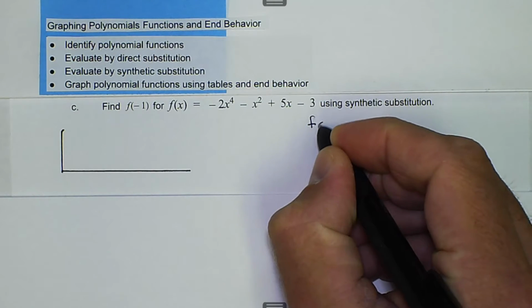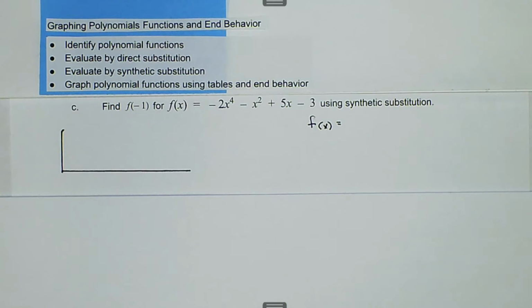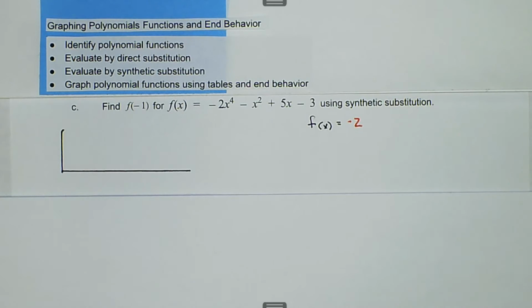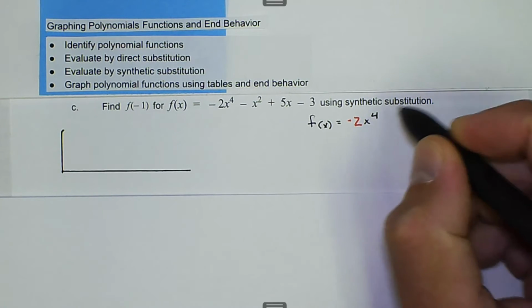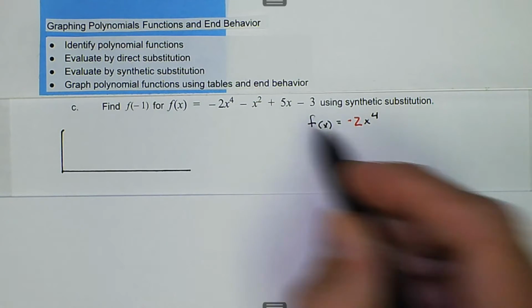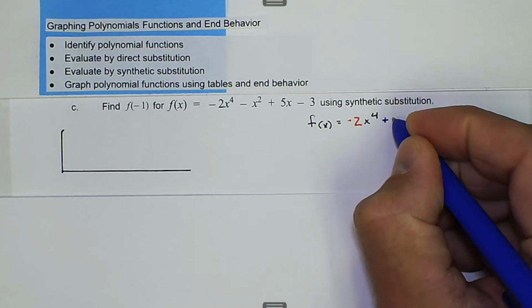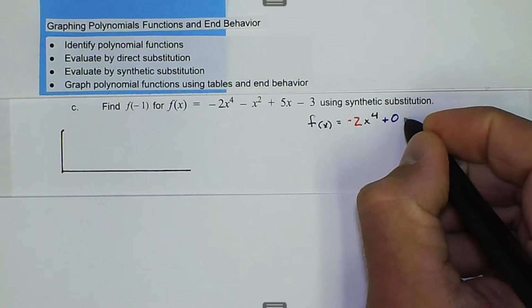I'm going to say the function x, and that's equal to, and I'm going to say -2x to the fourth. Now I don't have an x to the third. So what I'm going to do is add that in. I'm going to say plus 0x to the third.